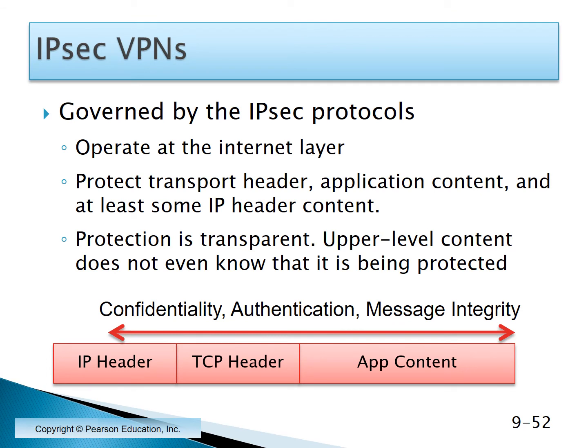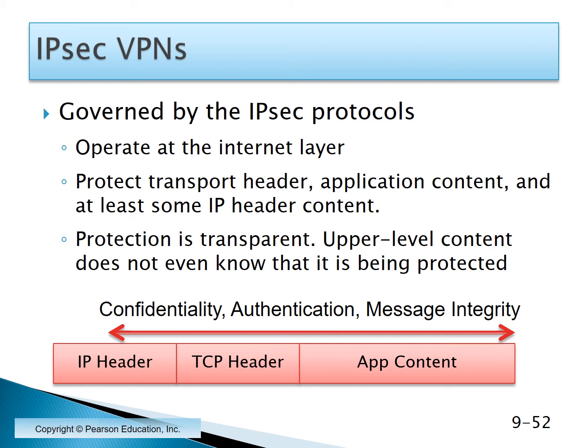There are also IPsec VPNs, which are governed by the IPsec protocols. It operates at the internet layer. It protects the transport header, application content, and at least some of the IP header contents. And this protection is transparent. That means upper-level content does not even know that it's being protected, so the upper-level application does not have to worry about this.